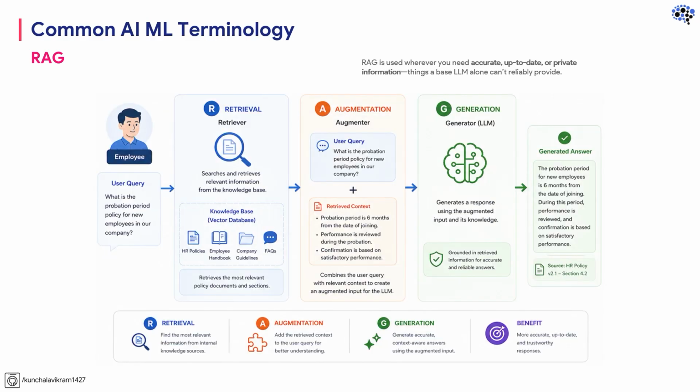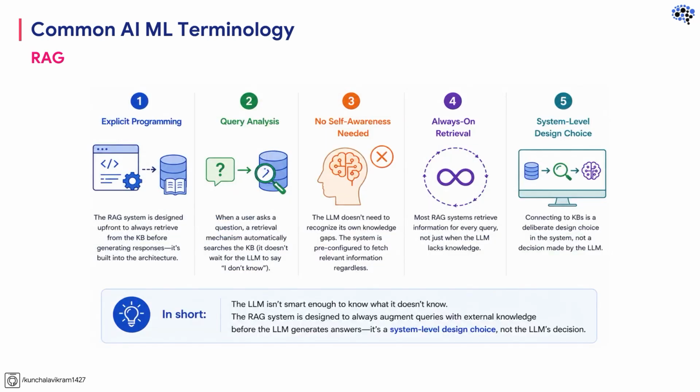For example, if I ask this question to the LLM, it will basically give me a generic answer. It doesn't know whether the answer it is giving is right or related to the internal policies. It will always generate a response, but the response may not be very suitable for you. So that's the reason the LLM doesn't actually use RAG.